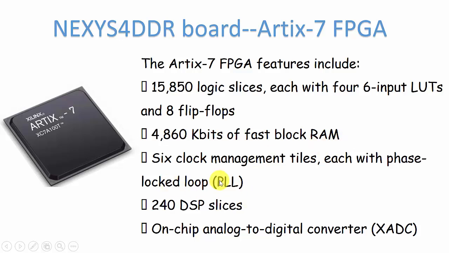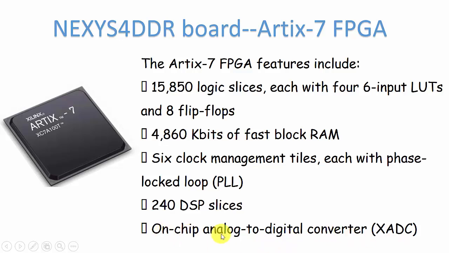The next one is the PLL. The PLL will provide clocks; 6 different clocks we can generate from this PLL. The next one is DSP slices, meaning digital signal processing. I think you are already familiar with it because you have the subject of DSP. 240 DSP slices are also available.